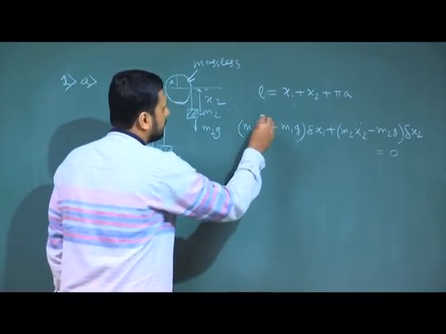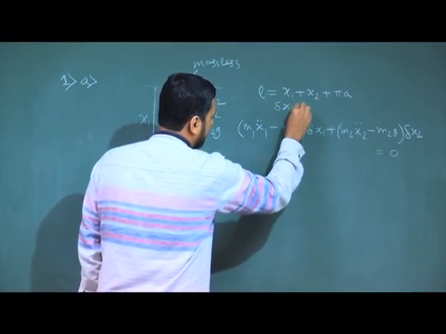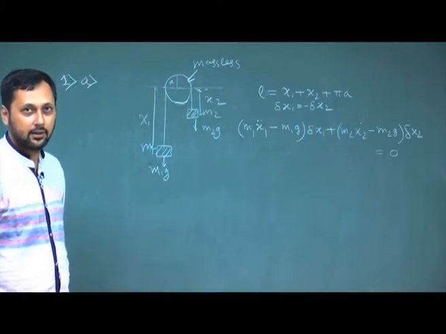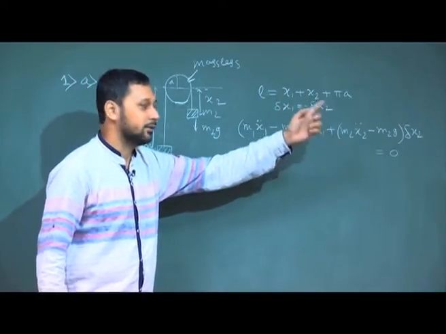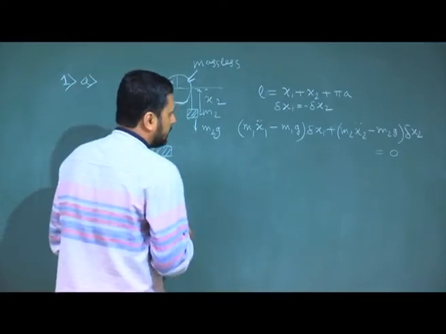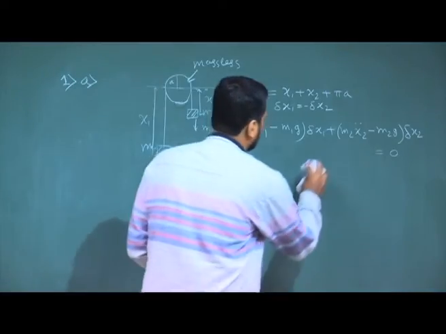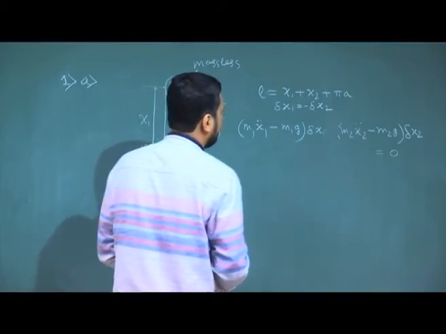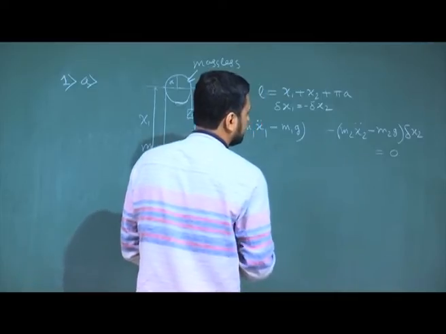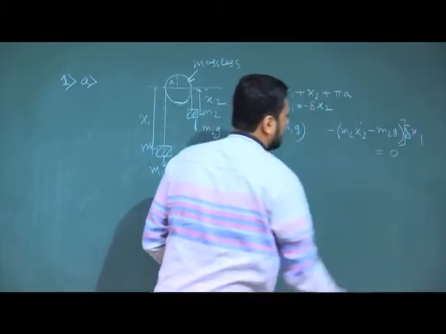Now, from the constraint equation, we can immediately take a virtual displacement and say delta x1 plus delta x2 equals 0, that is, delta x1 is equal to minus delta x2. Take a derivative of the constraint and it will come out. Substitute it here. What we need to do is put a minus sign here, get rid of this delta x2, put a bracket, and put delta x1 outside.